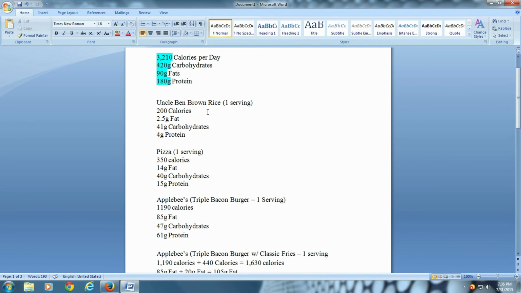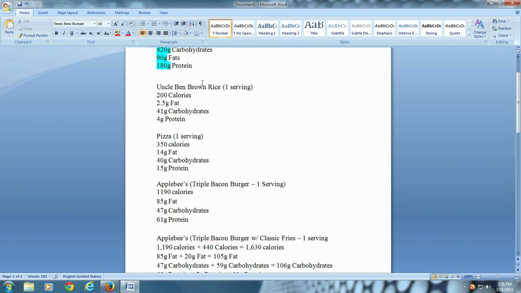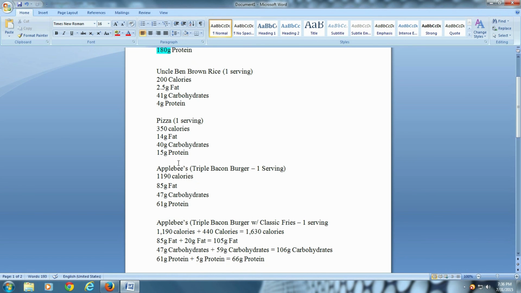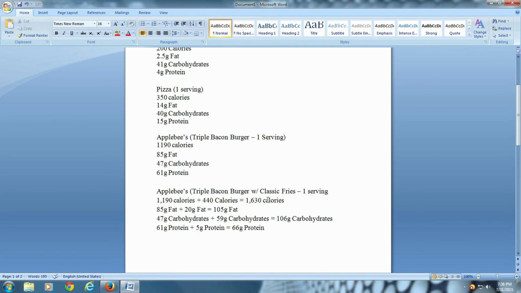This is the same macronutrient profile as all of the examples I just showed: Uncle Ben's, the pizza, the triple bacon burger, and the triple bacon burger with the classic fries for 1 serving.